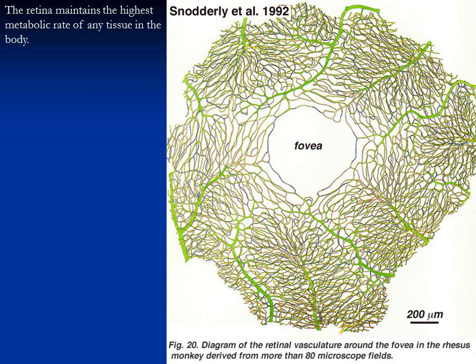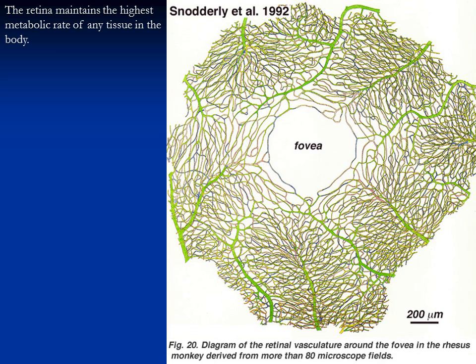Why does this happen? Why does specifically the center of your visual field wear down to the exclusion, or sort of, priority-wise ahead of the rest of the retina? Well, it's because of this. The fovea specifically maintains the highest metabolic rate of any tissue in the body, including the brain.